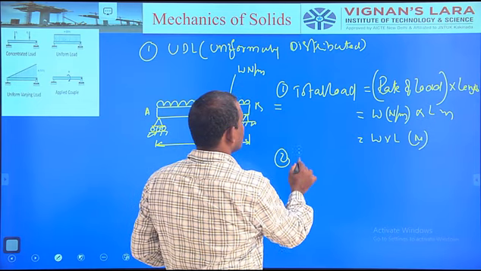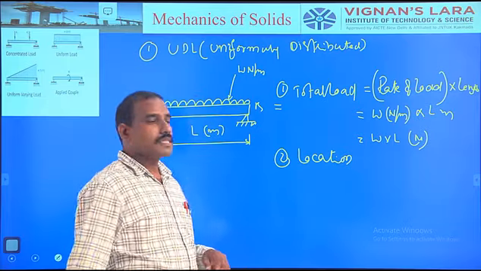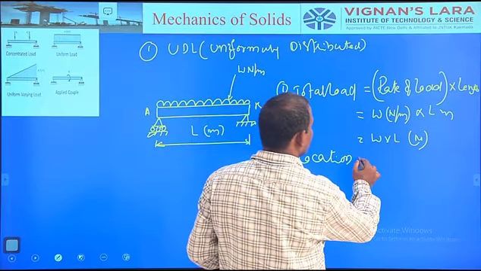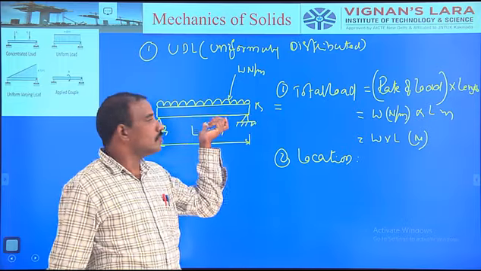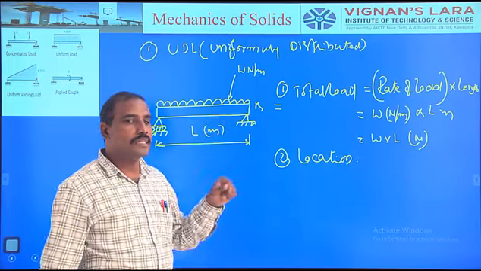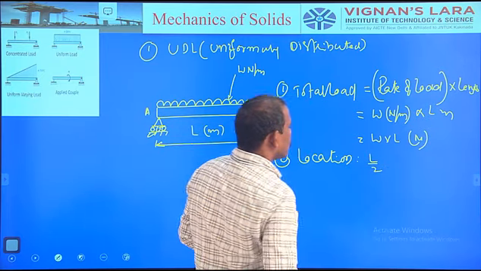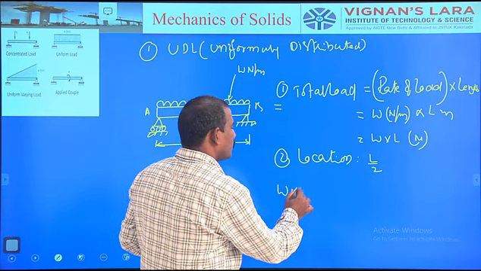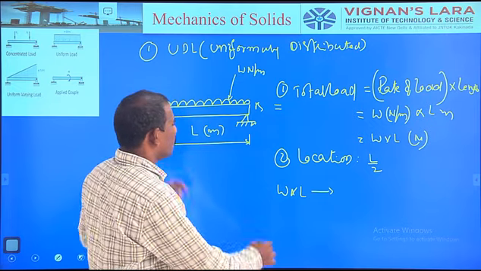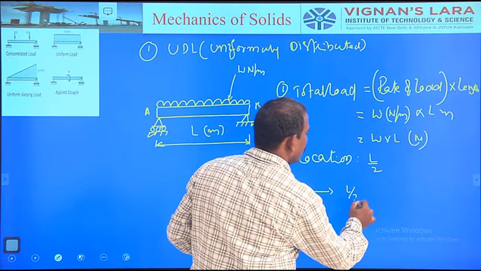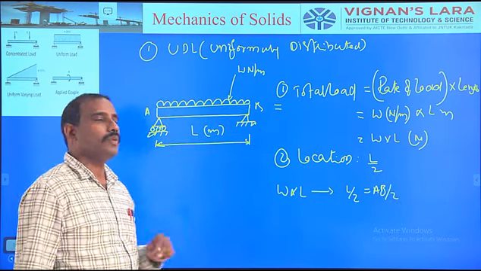The second point is the location of the concentrated load, which is equal to W. It is always at the midpoint of the length over which the load is distributed, that is L by 2. It means the W into L is concentrated at the midpoint of AB only, that is L by 2 or AB by 2.